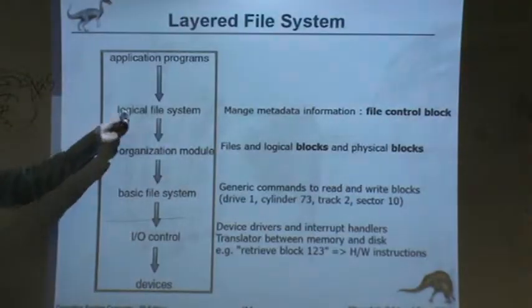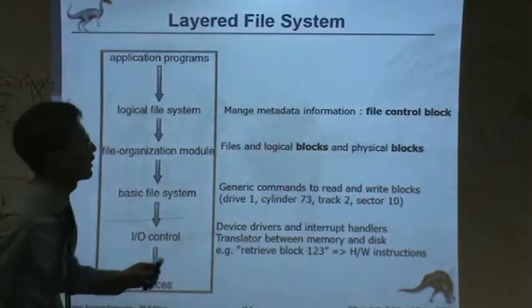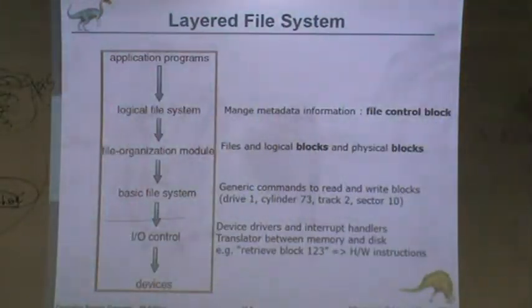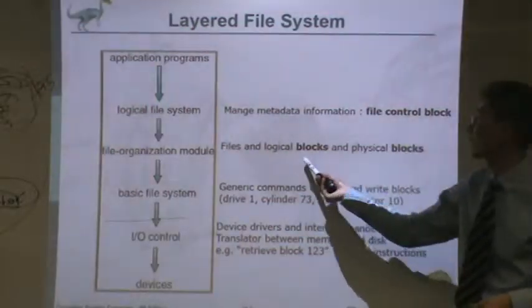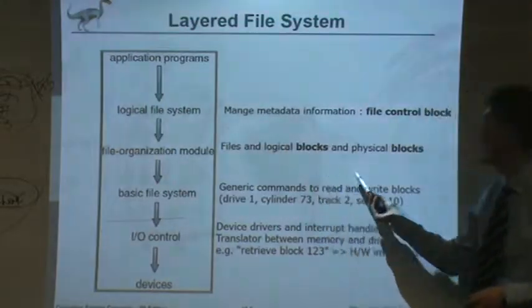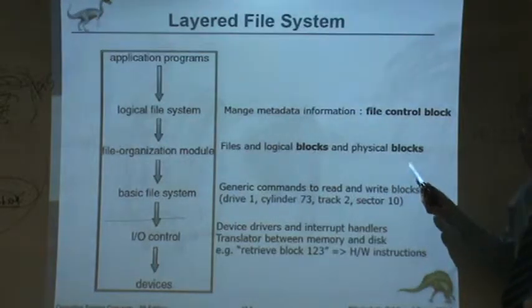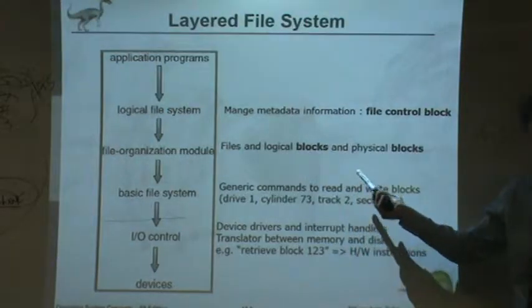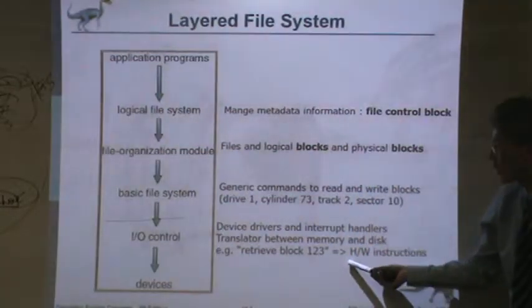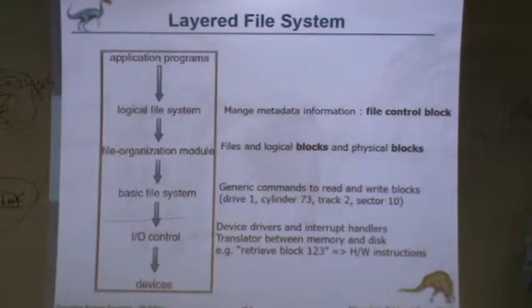Instead, it uses logical information stored in the file control block. This file control block has the block ID and the physical block information, and asks the controller to access the physical level.